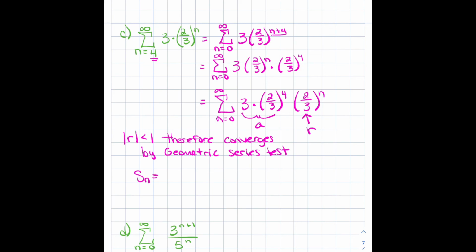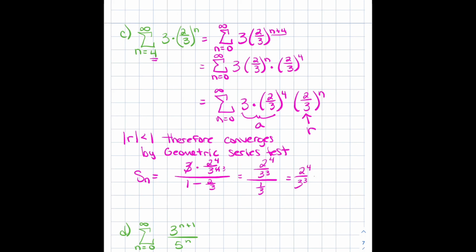The sum of this series then is the first term, which is this gross thing, 3 times 2 to the 4th over 3 to the 4th, over 1 minus r, which is 2/3. You could leave it like this, but if this were multiple choice, we would need to be able to simplify a little bit. This 3 will take out one of those 3's. So now I've got 2 to the 4th over 3 to the 3rd. 1 minus 2/3 is 1/3.